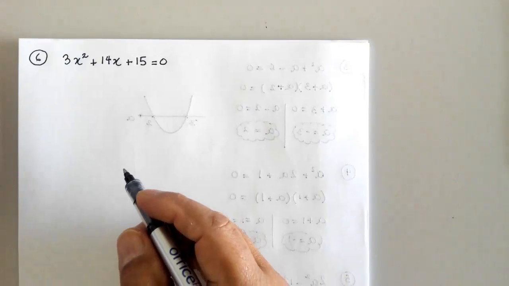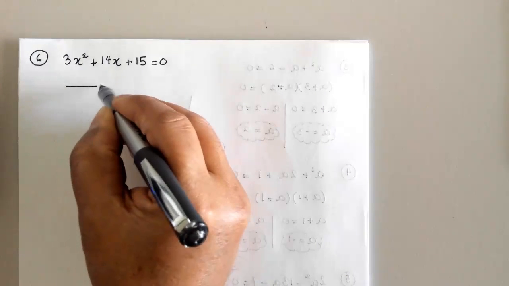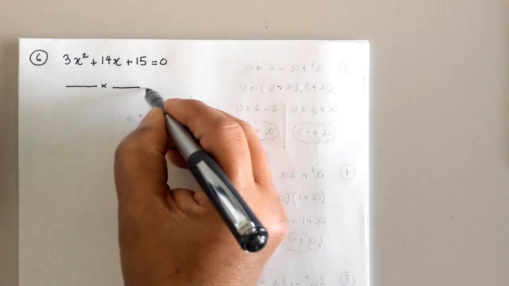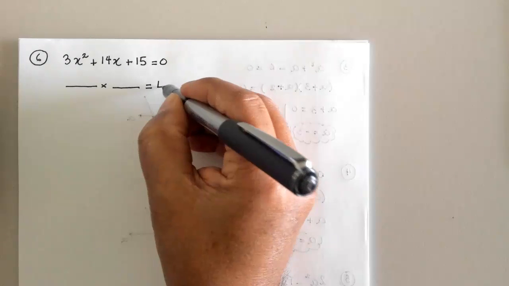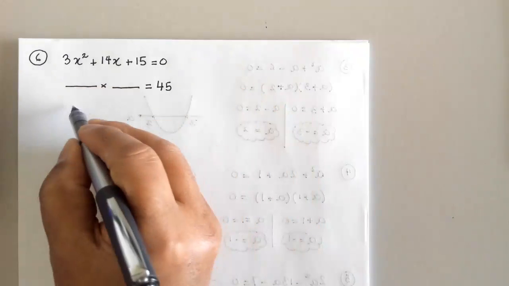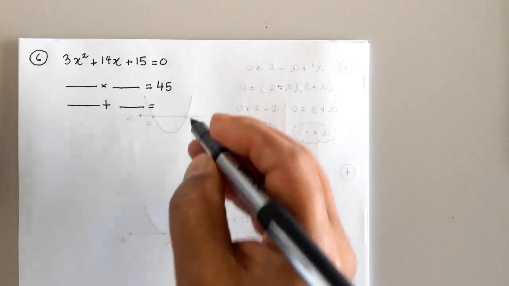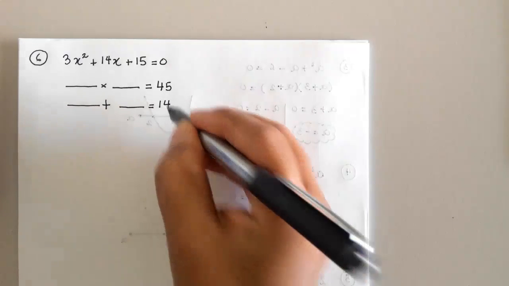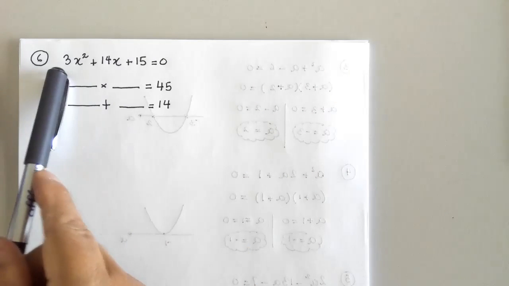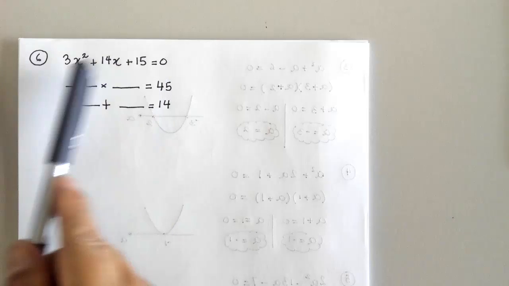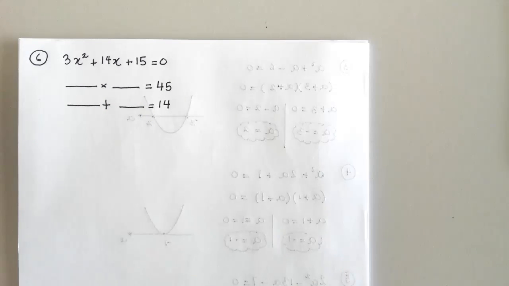In here we need to find two numbers that when you times them together is equal to 3 times 15, which is 45, but when you add them together, the answer has to be 14. All the numbers are positive, so that means all of these are going to be positive. We don't have any negative number.